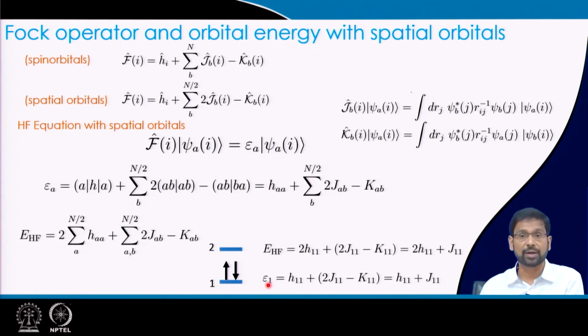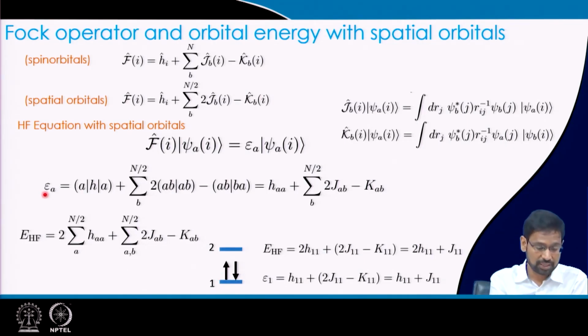Now what about the orbital energy? To get the orbital energy, we already know the orbital energy is essentially the energy that an electron experiences in that particular orbital, because we discussed in the previous class how orbital energy is related to its ionization potential. Now if I want to write down the orbital energy epsilon 1, I would consider this electron. What is its energy when this electron is present over here?